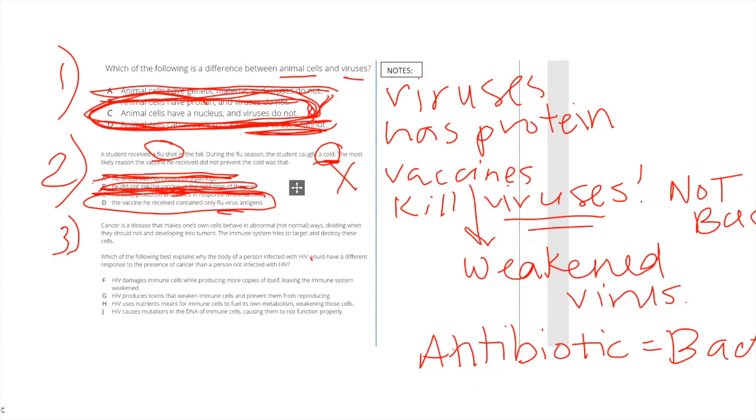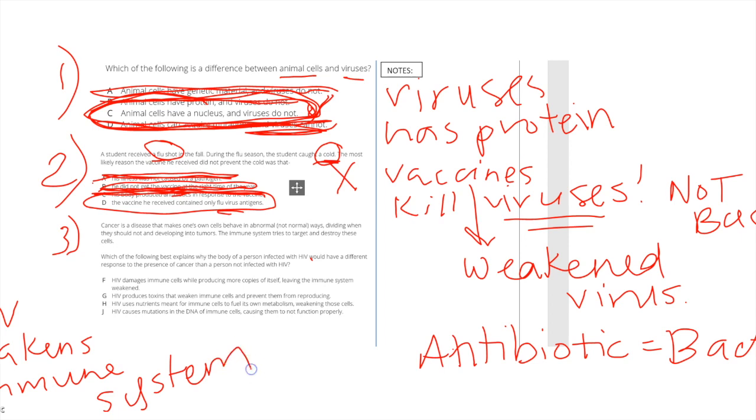Remember, HIV, write this in your notes, weakens your immune system. Okay, so it says it's damaging immune cells while producing more copies of itself. Yes, that is how it attacks, leaving the immune system weakened.